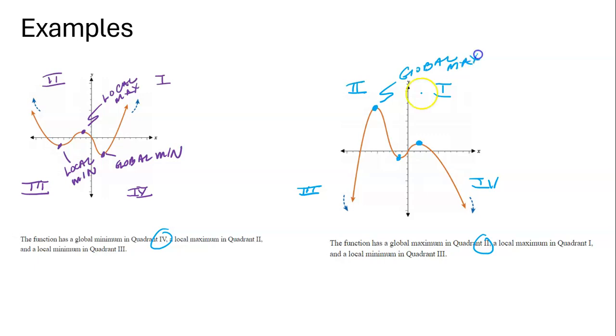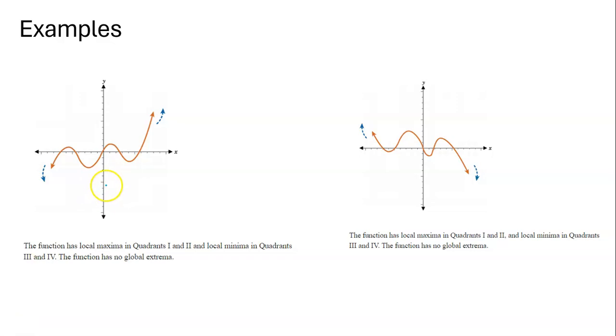That is as high as this is going to get. It's not going to get any higher because both of the ends are decreasing. And then we have a local min, and we have a local max. All right, let's do a couple more.